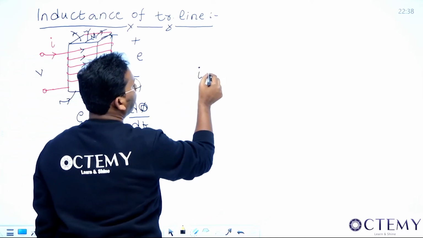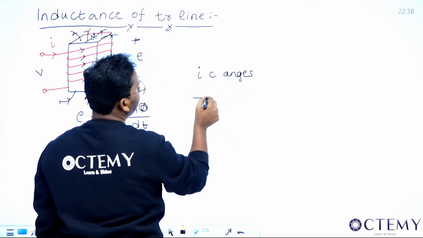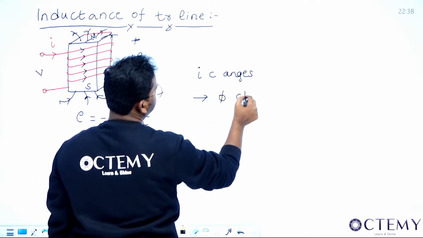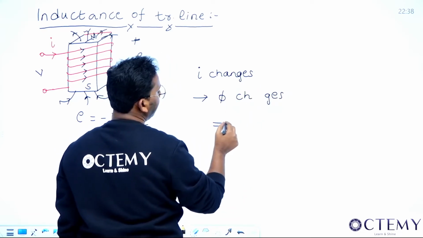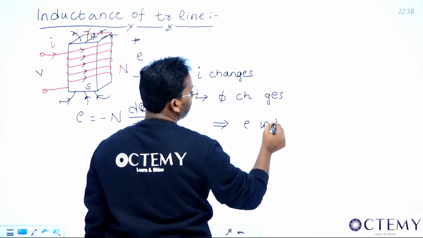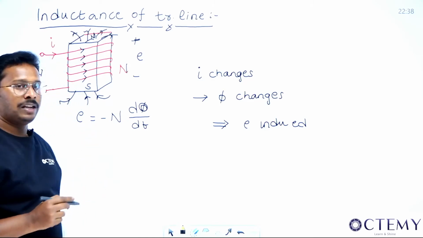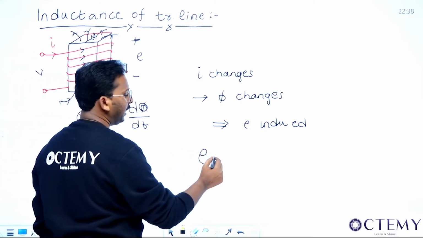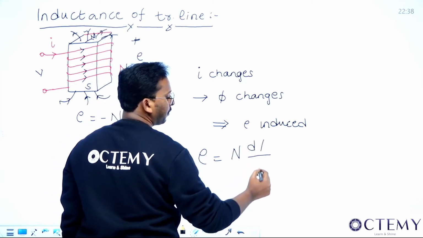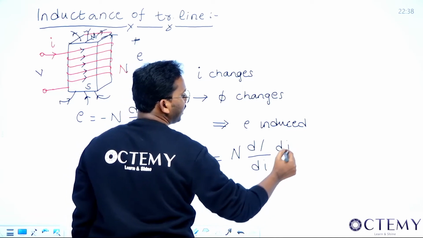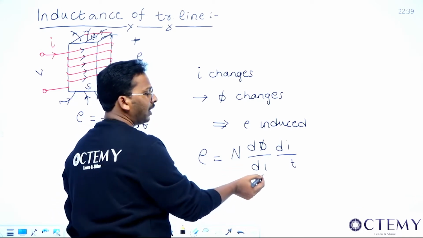Now see, as the current is changing, your flux changes. If the flux changes, then EMF is induced, and I've written that E is equal to N d phi by dt. As the current changes with respect to time, with respect to current the flux changes.